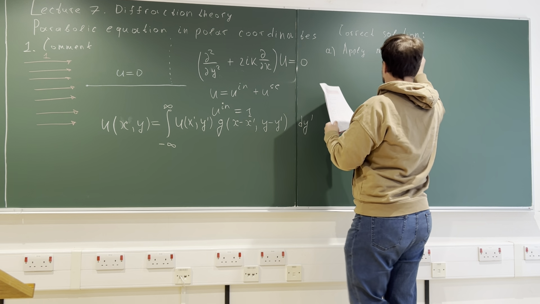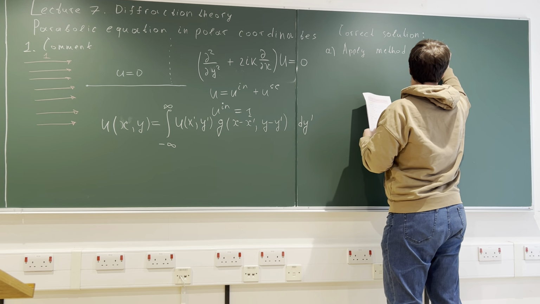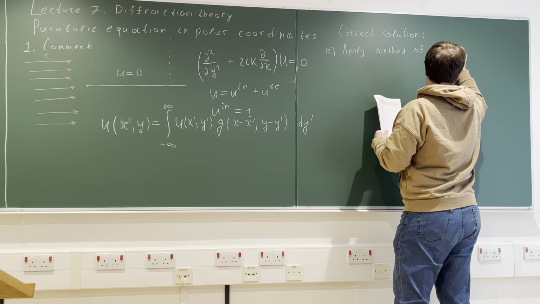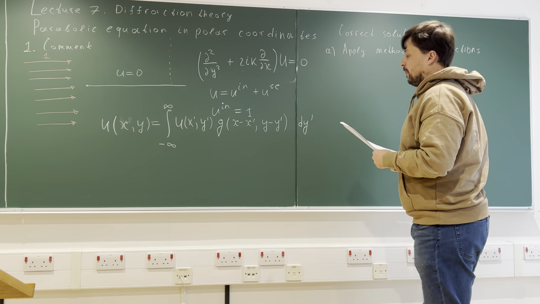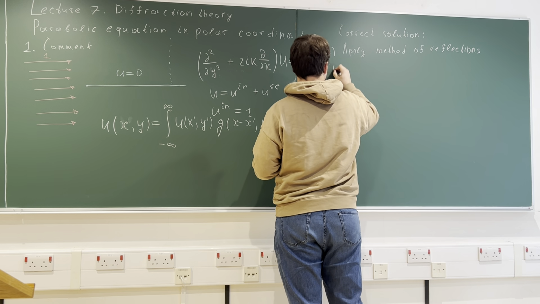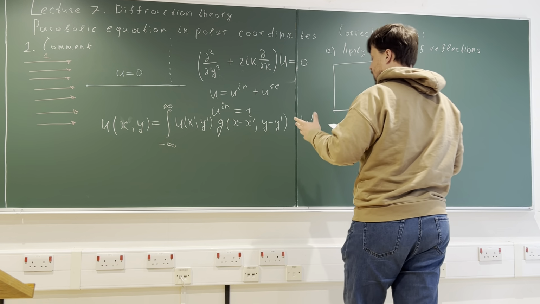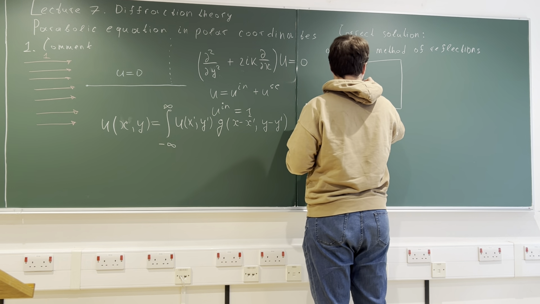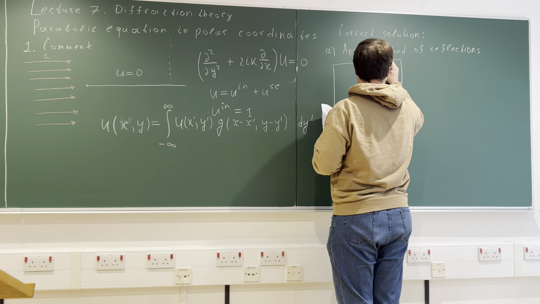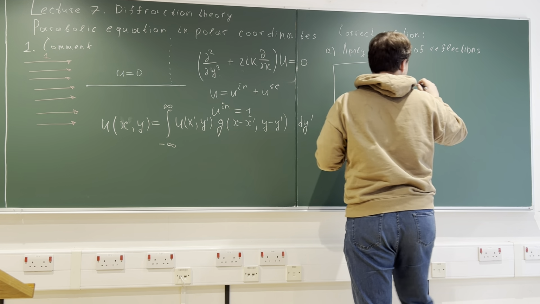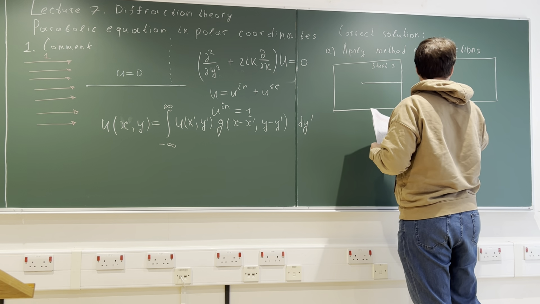I just wanted to skip this part last time, but it seems this part shouldn't be skipped. So now I say, okay, let's reflect our half line, and we have two sheets. Sheet 1 and sheet 2.